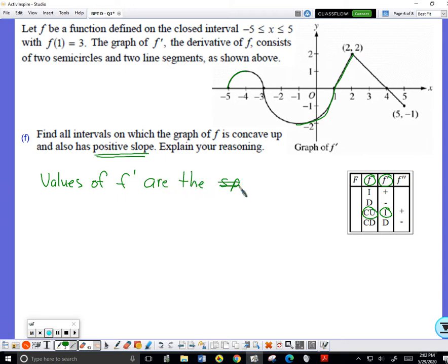You don't have to write this, I'm just doing it so you'll remember. So when f has a positive slope, would be when f prime has positive y coordinates. It's going to be here and here. Oops, not there, back up. Here. So those are the only two intervals when f is both concave up and has positive slope.